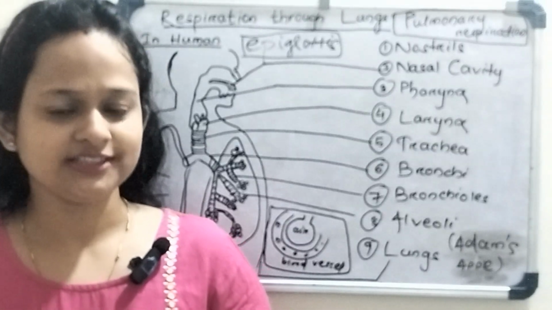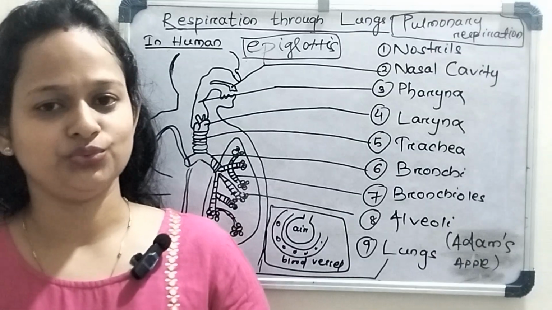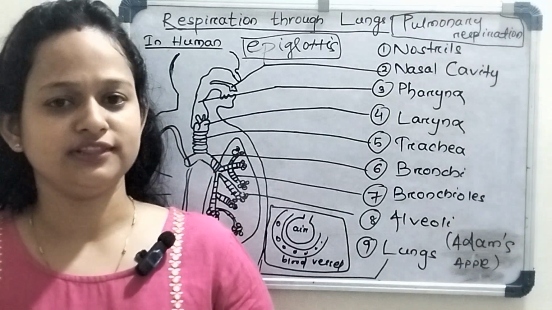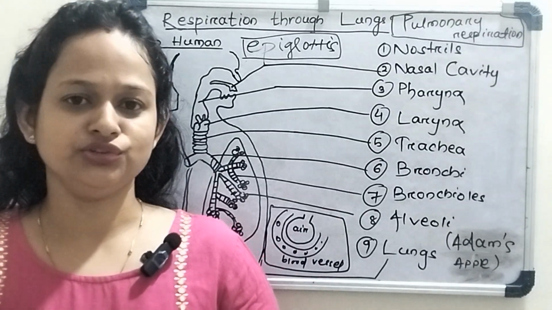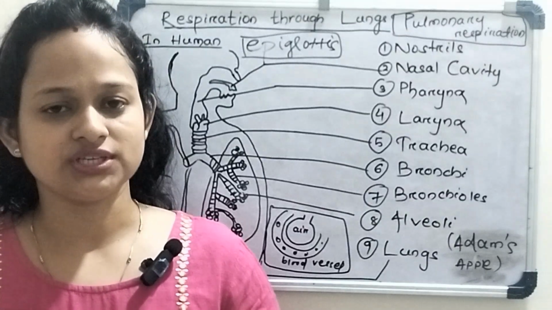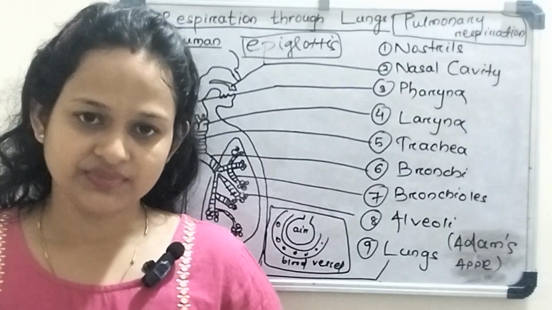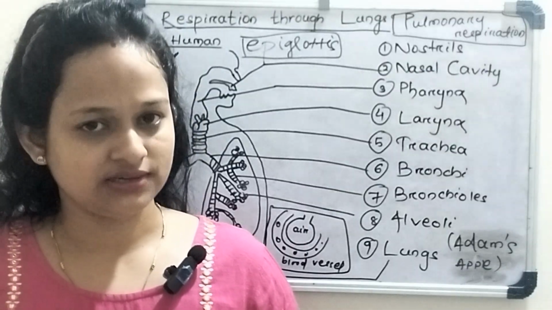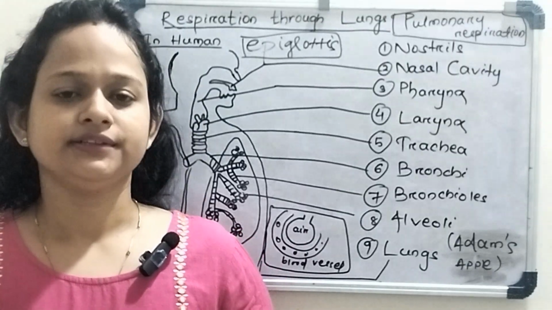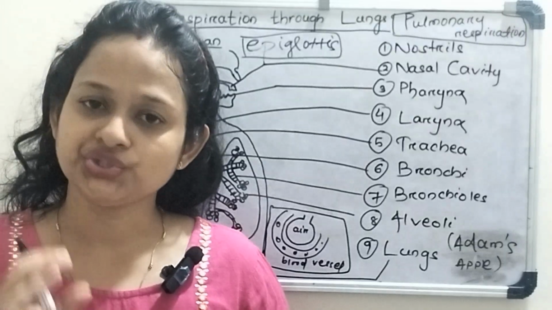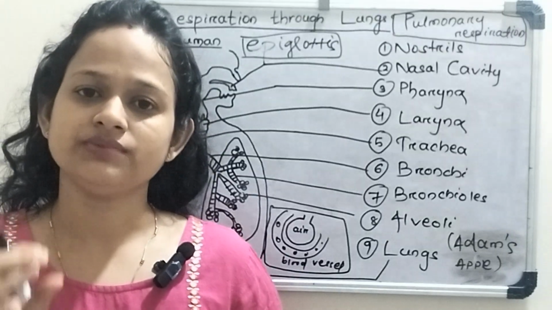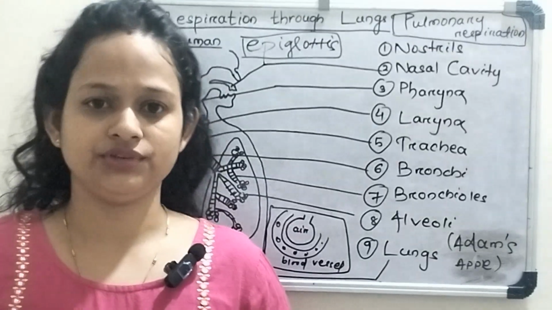Then come to the first part, that is nostrils. Nostrils are two in number and they help in the entry of air into the nose, and from the nose it goes to the nasal cavity. The nasal cavity is also known as the nasal passage, and there is a bony palate-like structure present which separates the nasal cavity from the oral cavity.